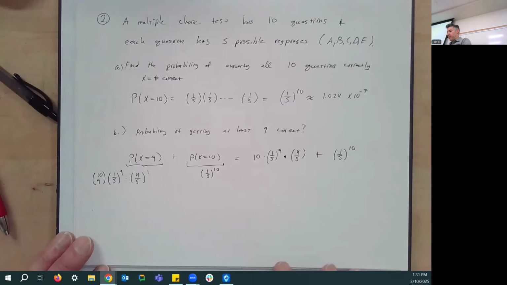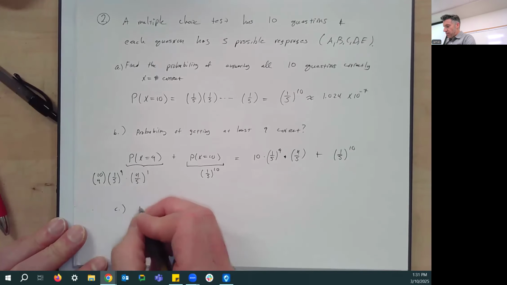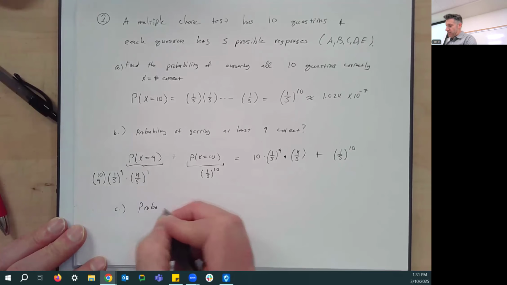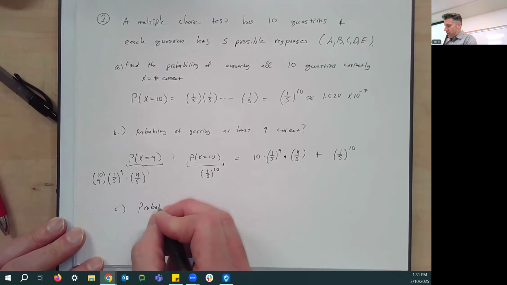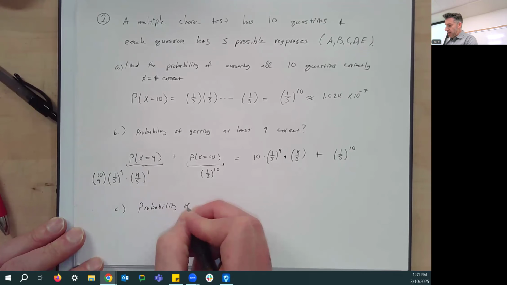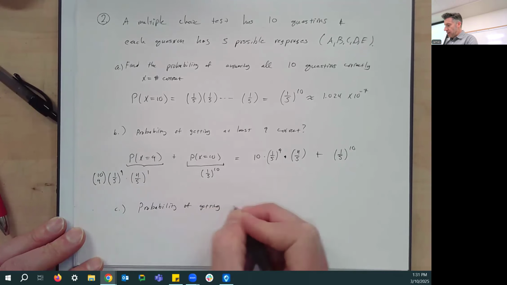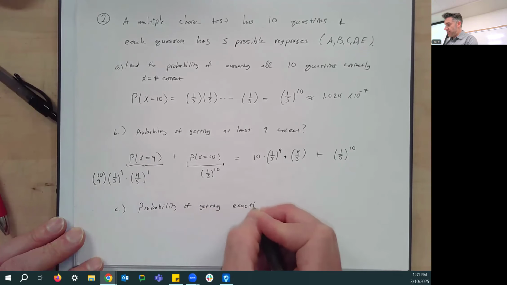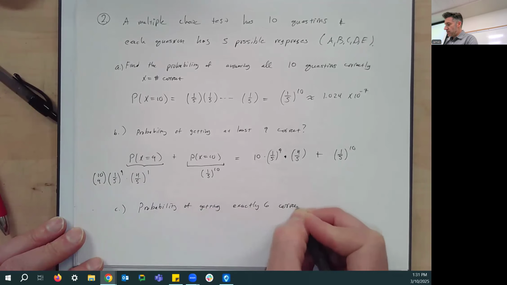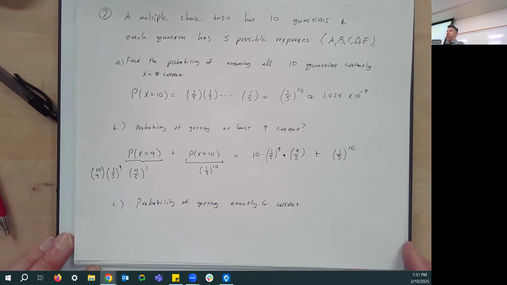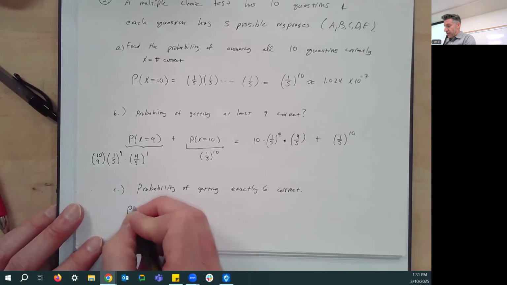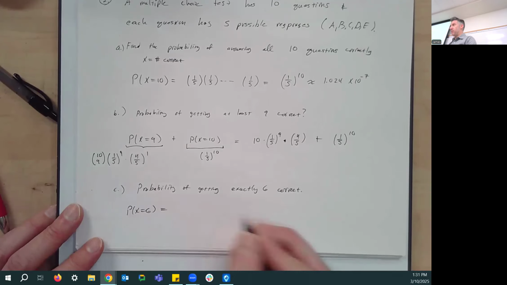And just to be absolutely clear about what's going on here, let's look at the probability of getting exactly 6 right. Here's the more general version of what's happening. If I want to know the probability of getting 6 right, there's 3 pieces.